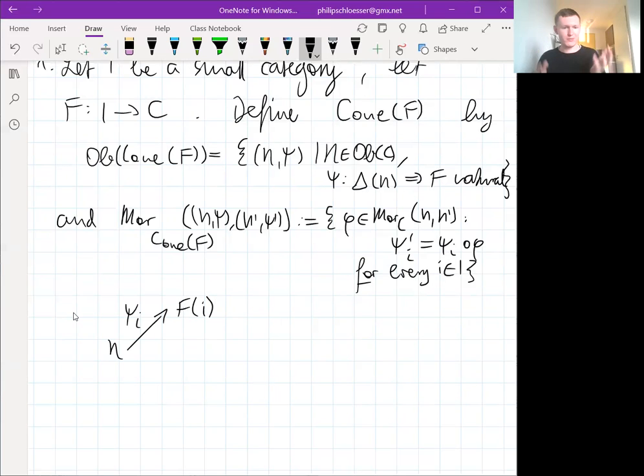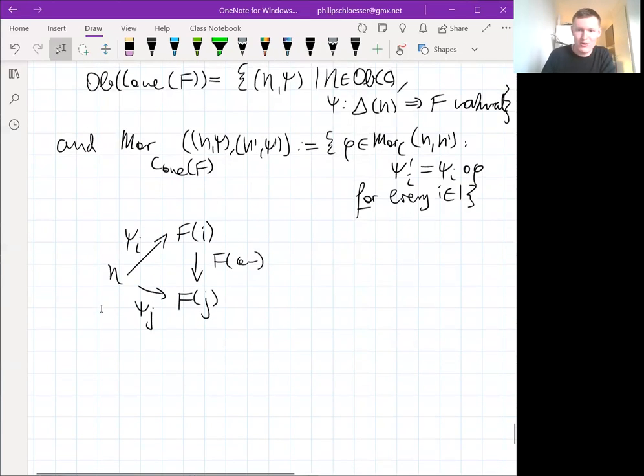So for every object in our diagram, such that when we have two objects and some morphism between them, this thing here commutes. And then a morphism of cones is sort of a thing that preserves that property.